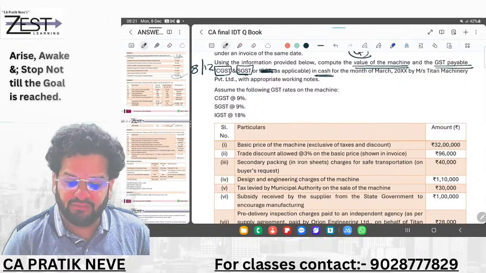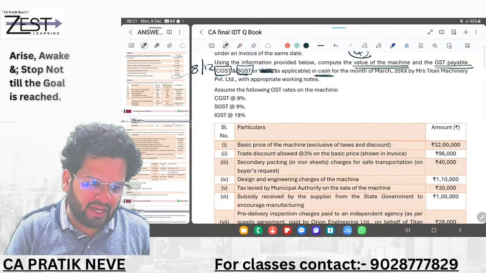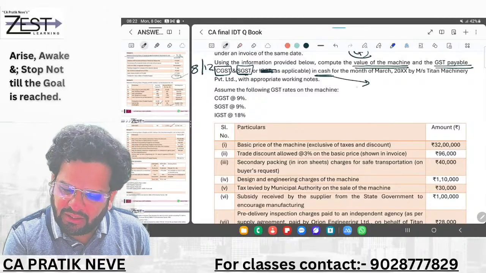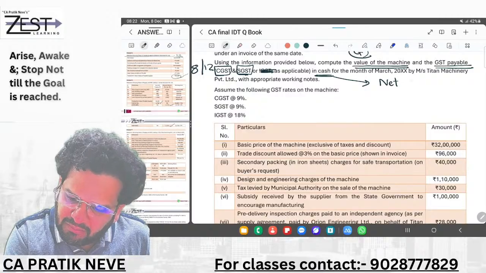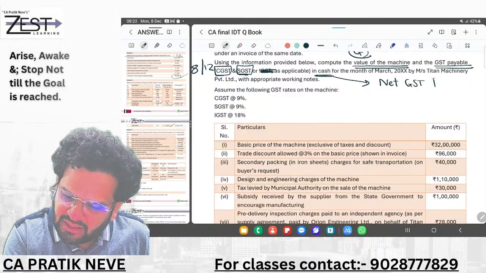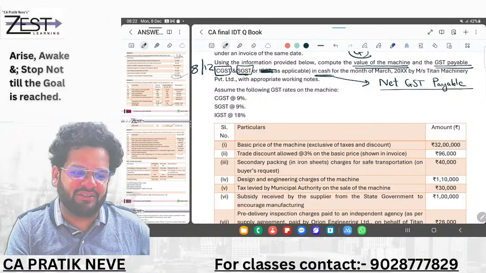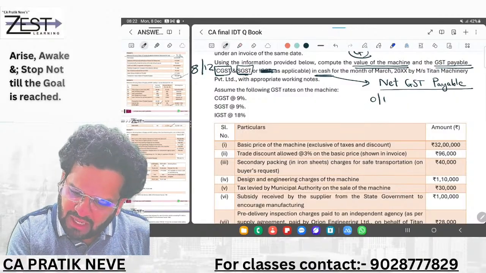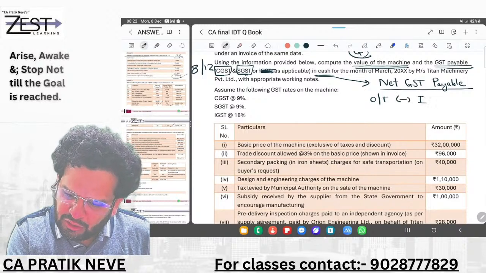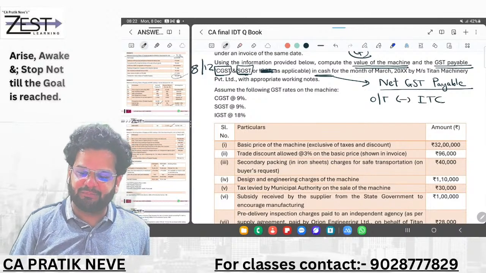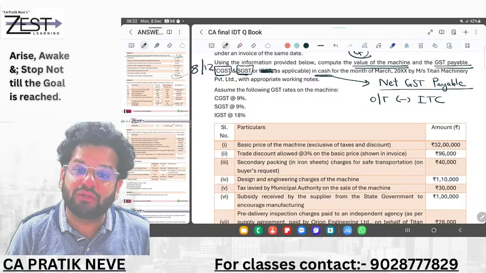They are asking us to calculate net GST payable, in cash, not total output tax. Now what is net GST payable? Net GST payable is output tax minus input tax credit. Clear? We have to do that.